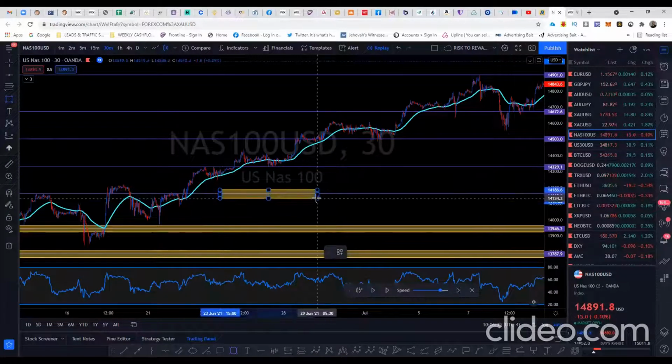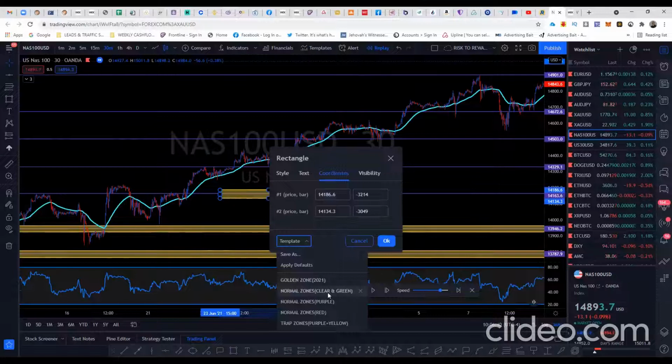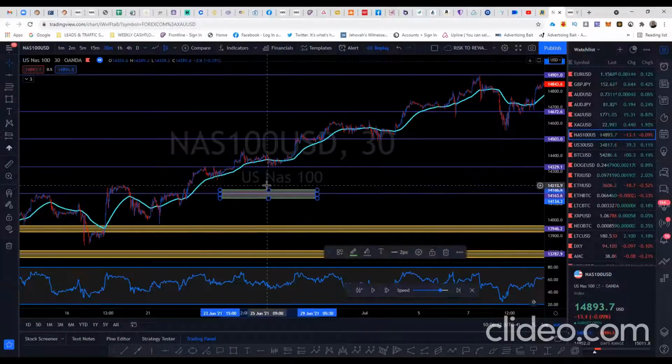Then I'm basically going to do the same thing. I'm going to mark up the zone. We're going to make this a different color. So I'm going to make this green.